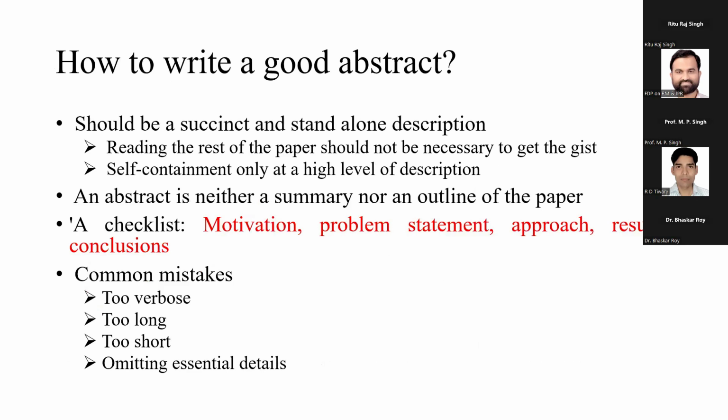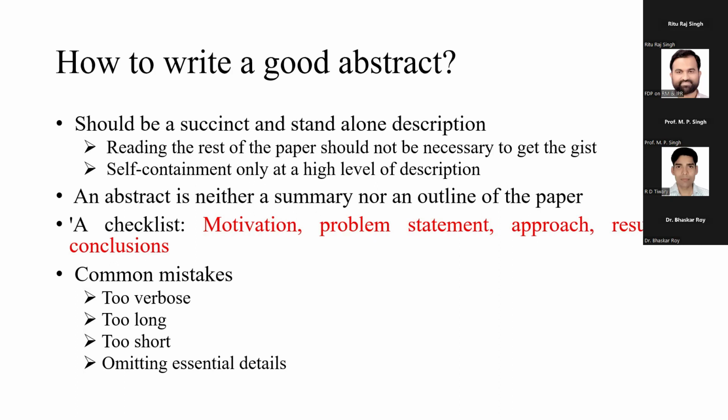So in the abstract, you have the main point of the motivation, the problem statement, a very brief summary of your problem statement, your solution, and the result, and then you can say that you have written a very good abstract. The common mistakes while writing the abstract are that it is too verbose, too long, too short, or omits essential details.